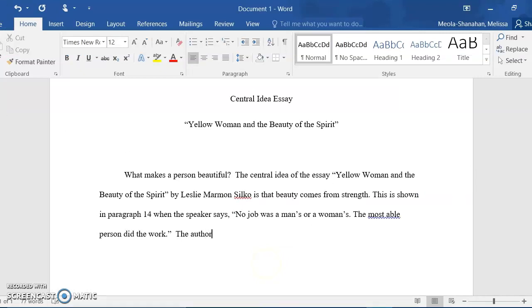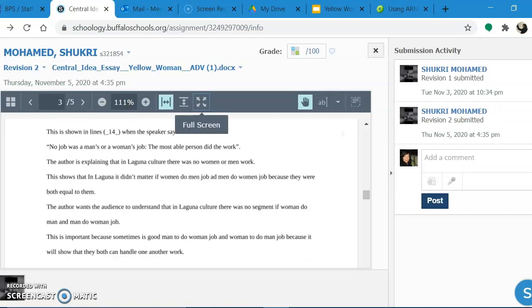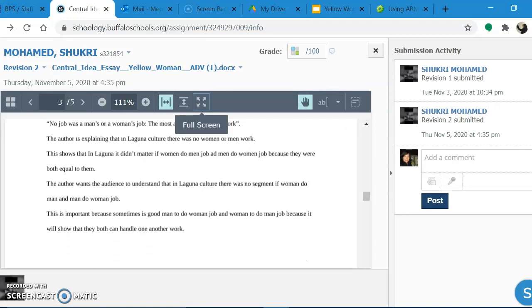The author is explaining that in Laguna culture, no work, now we're going to add, was designated to a woman or a man. So we added the word designated. This shows that in Laguna, and we need to add the word culture, it didn't matter if women do men's job and men do women's job because they were both equal to them. Good.